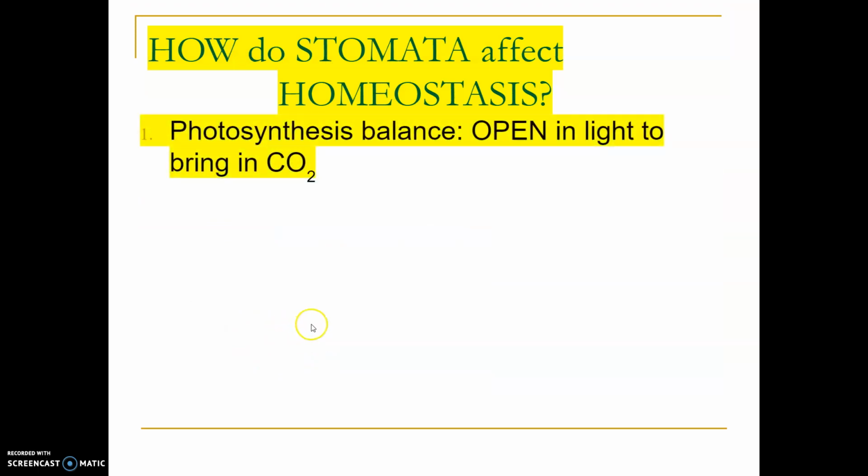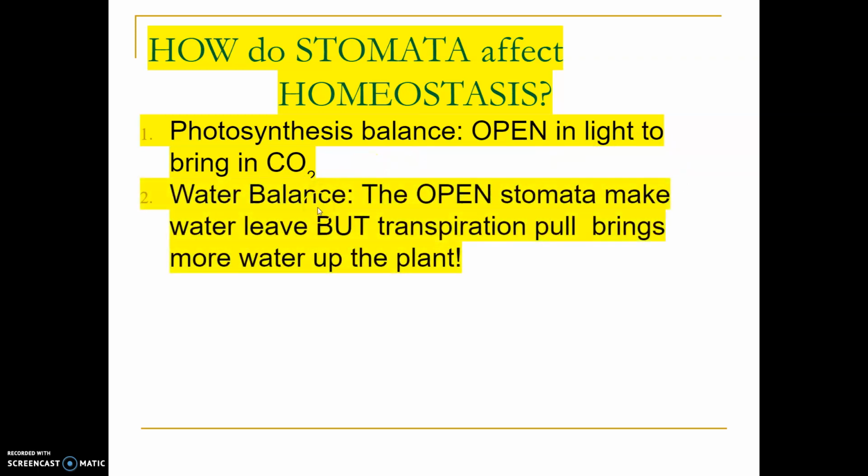So the stomata are the biggest effector of plant internal balance because, like I said, when the stomata open, they let carbon dioxide in. That only happens when there's light outside, so photosynthesis can occur. When the stomata are open, the sad part is water will leave through that stomata.